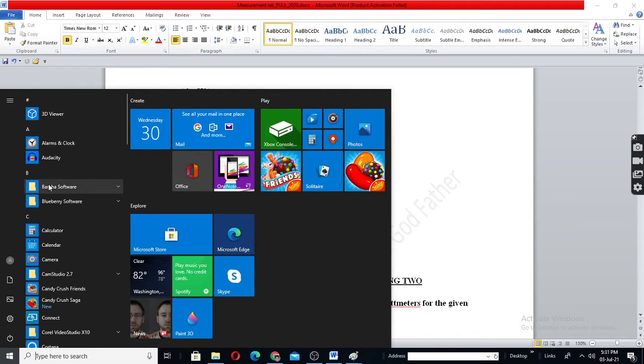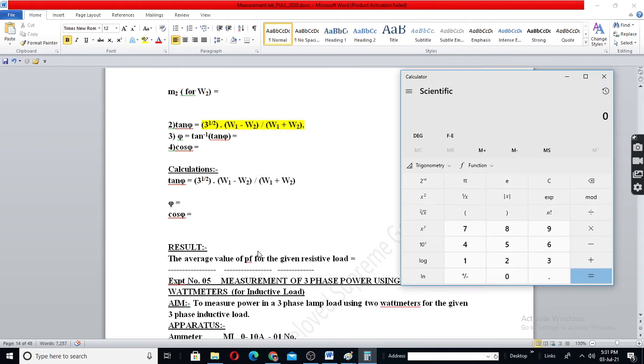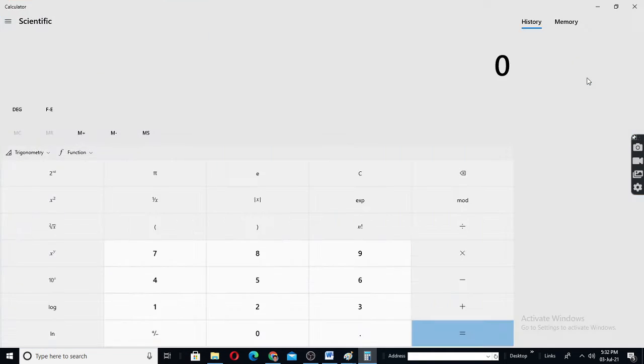So let us take the calculator. Root 3. If you don't find the root 3, write 1.732.